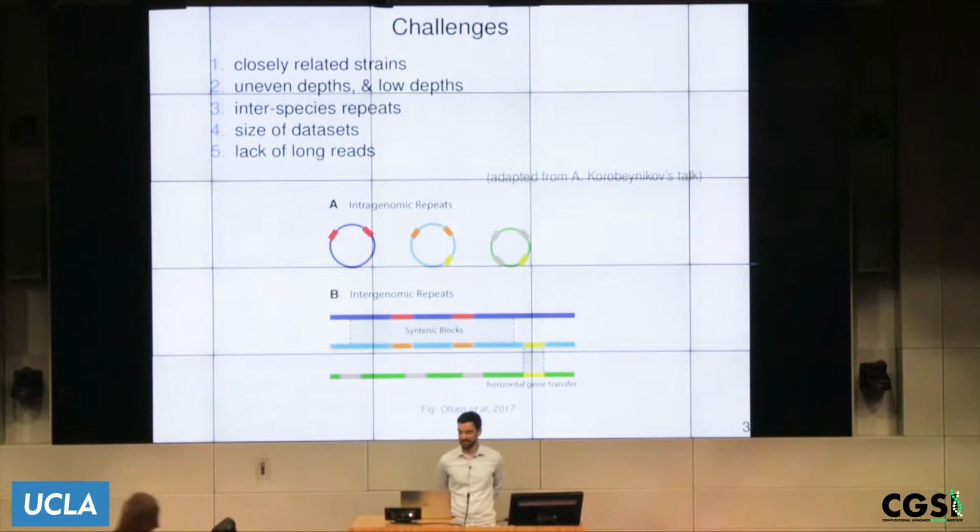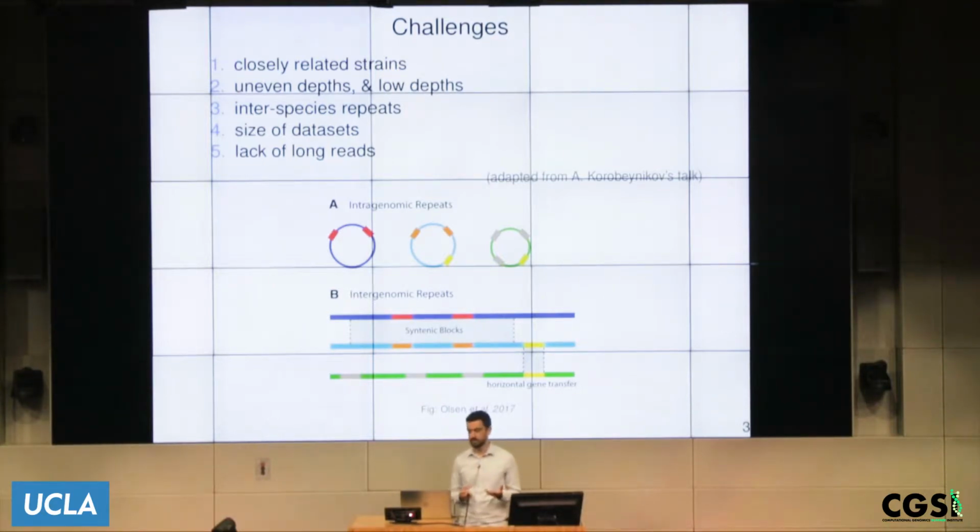So, okay, challenges. There are a few challenges for doing metagenome assembly which are specific to metagenomics, on top of the usual genome assembly problems. Those are closely related strains, so genomes which look like each other, uneven depth of sequencing, and low depth of sequencing. There are also repeats, which are not just inside a genome, but also between genomes and between strains.